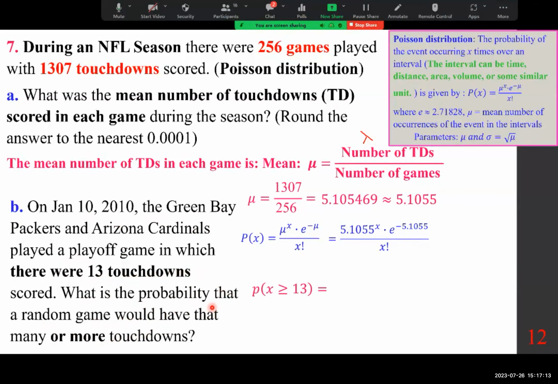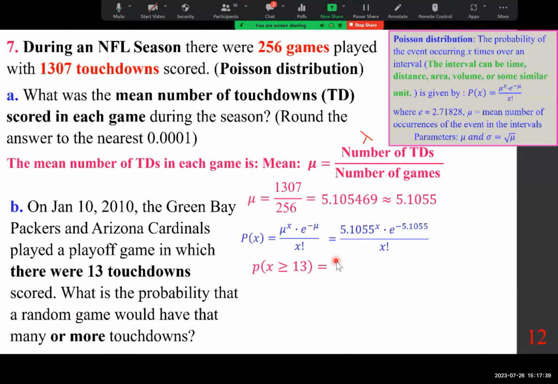So simply put, we want the probability of X larger than or equal to that many, that means equal or more, greater than. Now again, this means start from number 13 and go to 14, 15, okay? And sky's the limit.